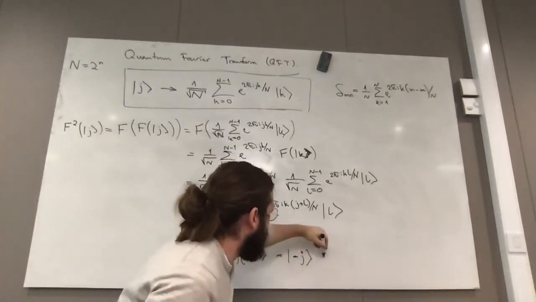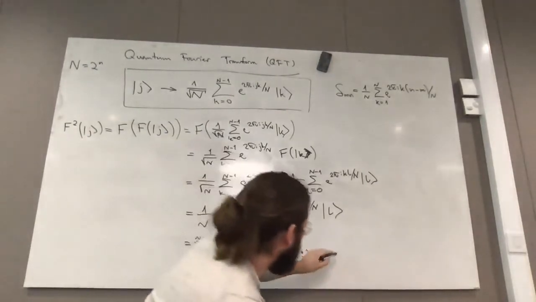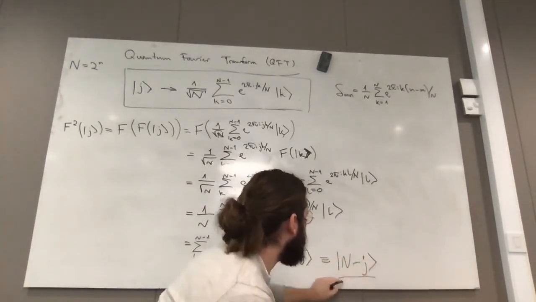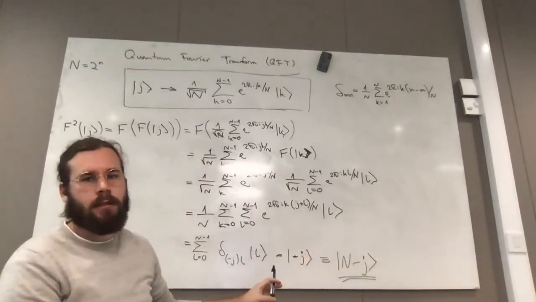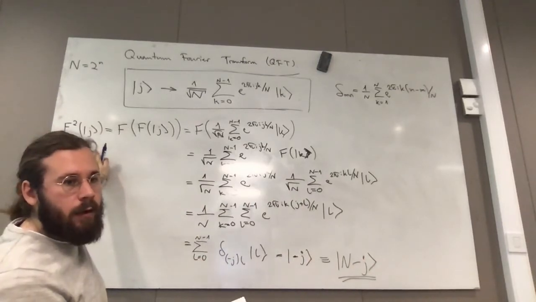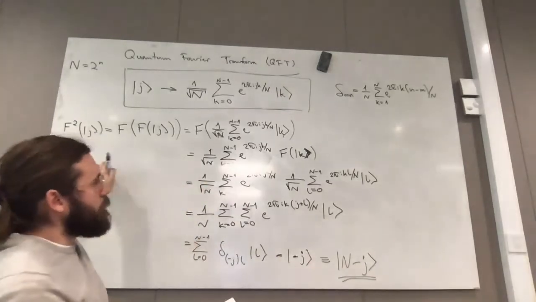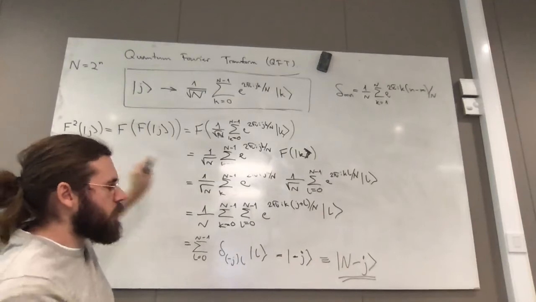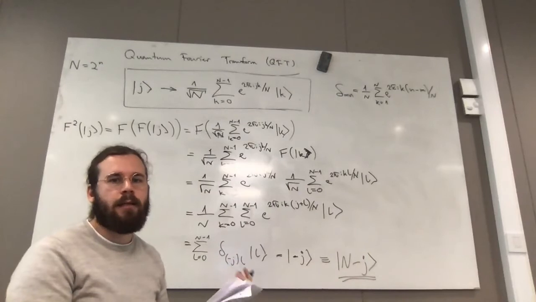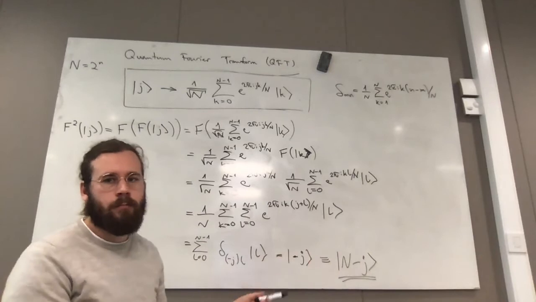Since everything is modulo capital N, you can rewrite this in positive terms as capital N minus j. So we don't get the same states back. For instance, if I input 1 for a 3-qubit system, I will get 7 back. And if I input 3 for a 3-qubit system, I will get 5 back. But I get the same basis, right? It's still the same basis states, namely the computational one from 0 to 8, not from 0 to 7.